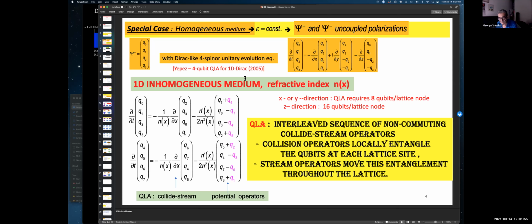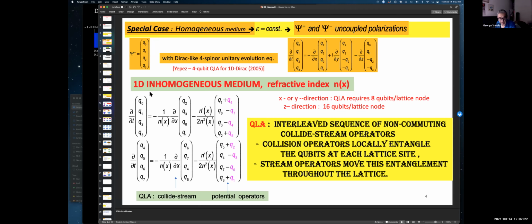And Yepes in 2005 has developed a quantum lattice algorithm to solve the Dirac equation. So with that, we can now try to move on to looking at inhomogeneous media and defining basically the unitary, if possible, collision operators and streaming operators so that in the long wavelength limit, you recover Maxwell's equations.